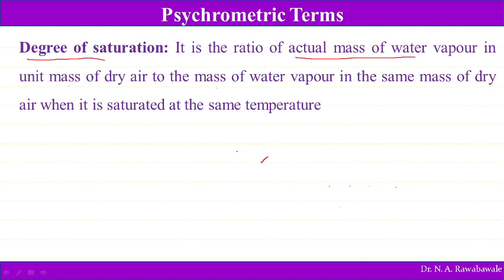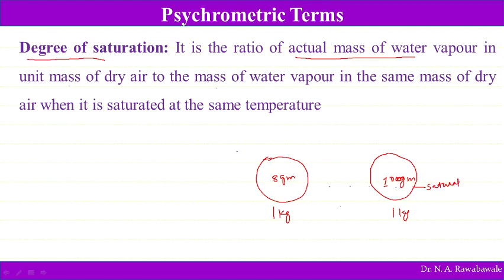For example, say we have 1 kg of air, and this 1 kg of air holds 8 grams of water, but its actual capacity to hold is 10 grams in 1 kg. When it holds the maximum of 10 grams of water vapor, we call this saturated air.